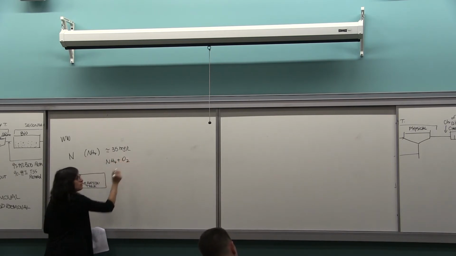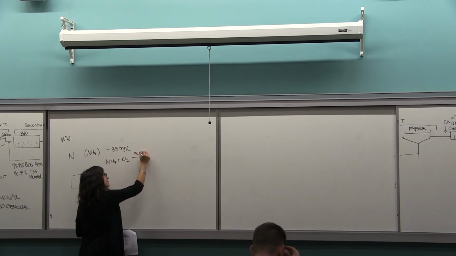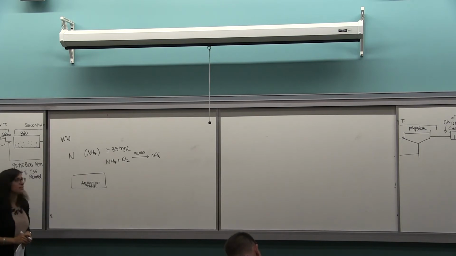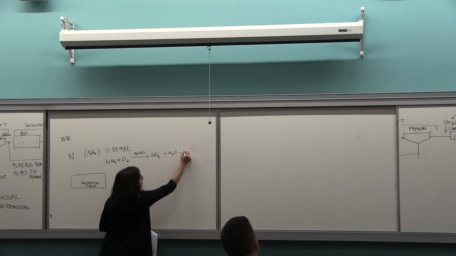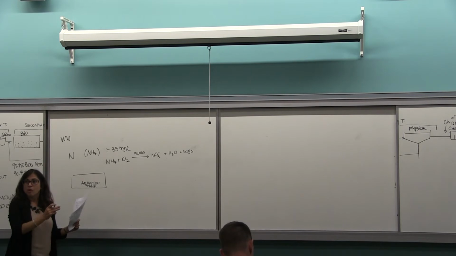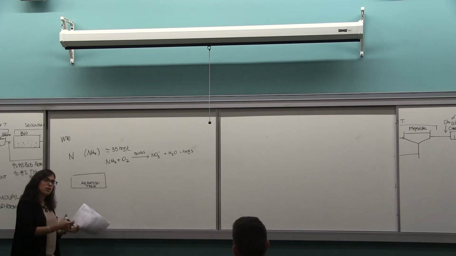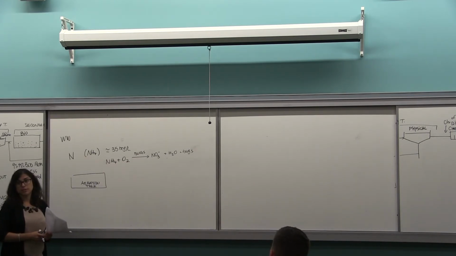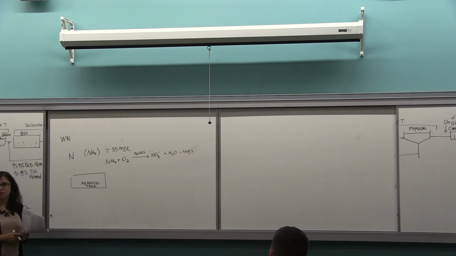Ammonia plus oxygen plus bugs gives us nitrate plus water plus bugs. This process is called nitrification. It's the biological oxidation of ammonia into nitrate and nitrite. It's a two-step process, so it's more complex than just one step.